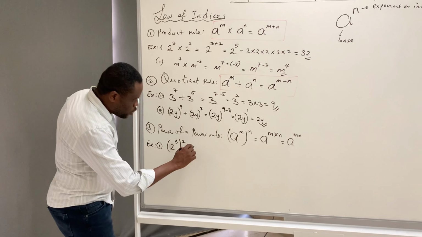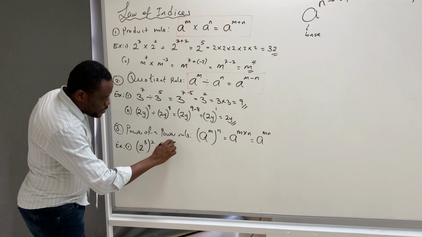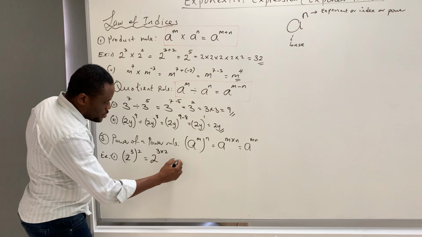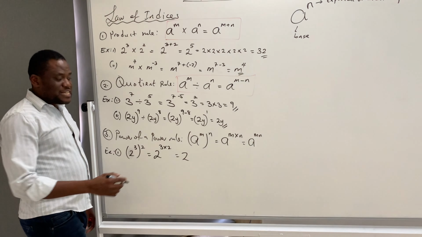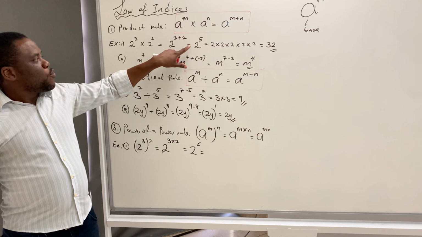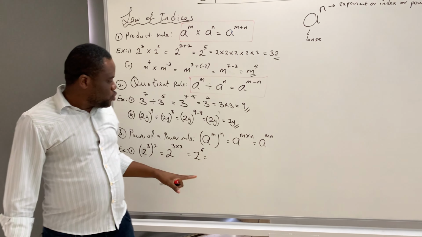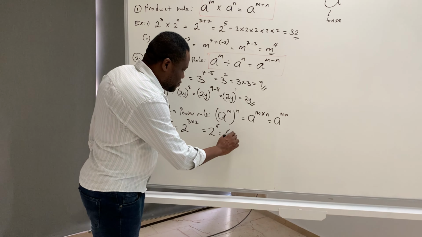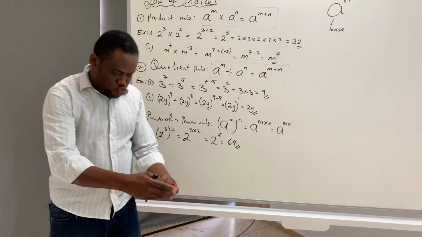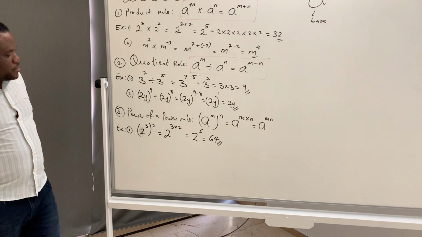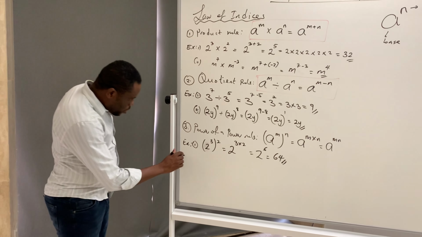What do we have? 2 to the power of 3 times 2. Power of power, you multiply the powers. 3 times 2 is 6. This means 2 in 6 places. When 2 in 5 places is 32, 2 in 6 places, we add one more, that is 64. If you like, you can write 2 times 2 times 2 times 2 times 2 times 2, 2 in 6 places.